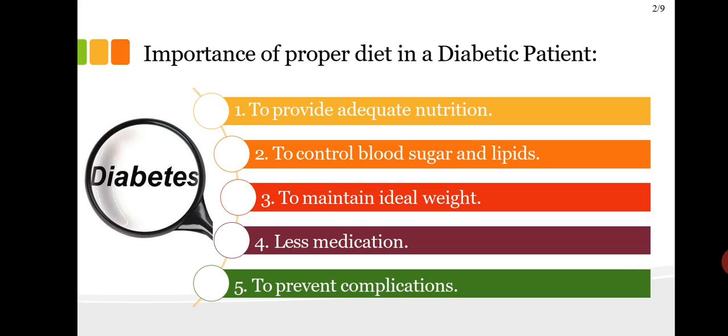And also, the importance of proper diet in a diabetic patient is to provide adequate nutrition, to control blood sugar and lipids, to maintain ideal weight, to need less medication, and to prevent complications. So they focus on the following 5 points, because a chronic hyperglycemic condition leads to other illnesses such as cardiovascular, neurological, ocular problems and recurrent infections.